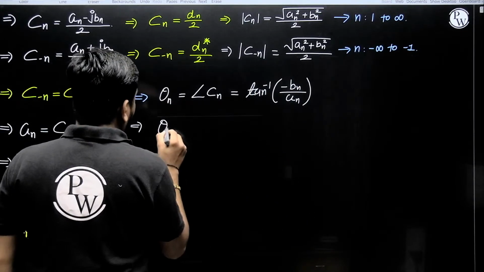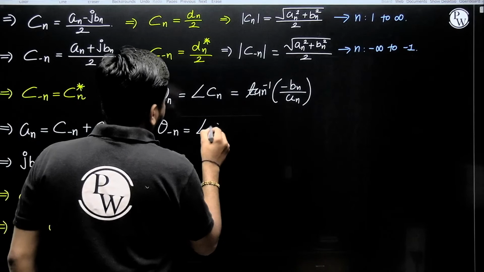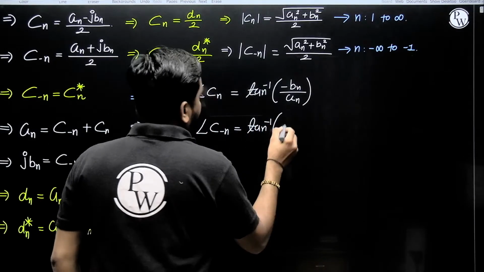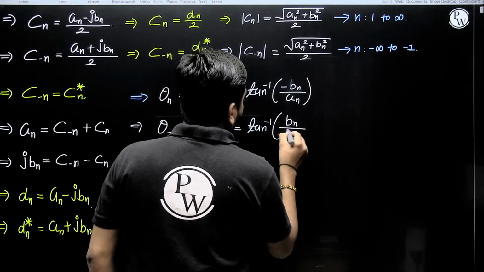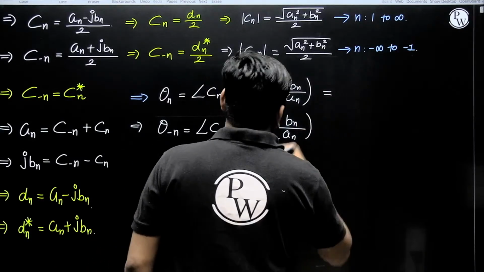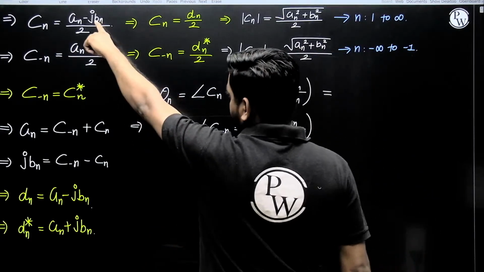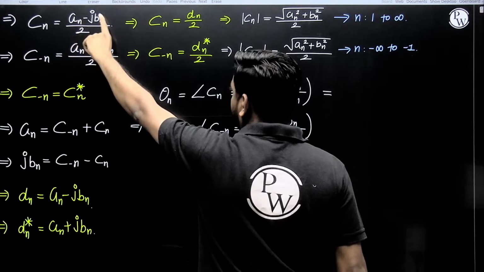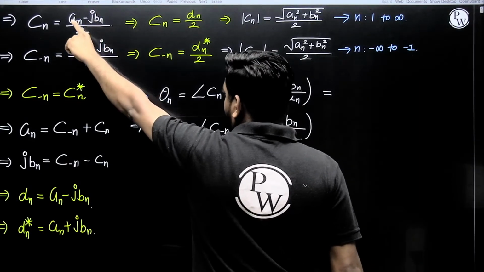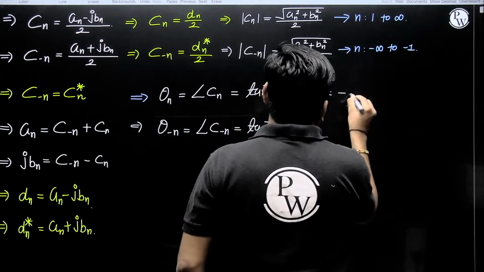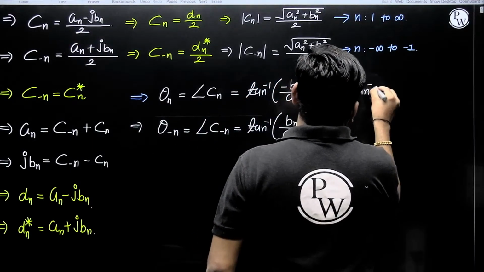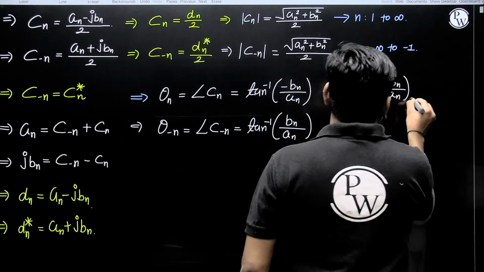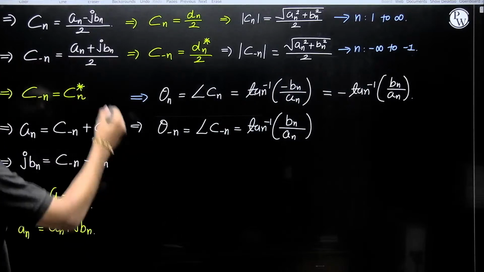Theta minus n corresponds to minus tan inverse of b n on A. Now see, here this imaginary part is negative and real part is positive, so it will be in the fourth quadrant. Imaginary part negative, real part positive, fourth quadrant. So in the fourth quadrant, angle is what? Minus sign, right? Minus tan inverse mod bn on A. So like this, because it is in the fourth quadrant and this is the first quadrant.